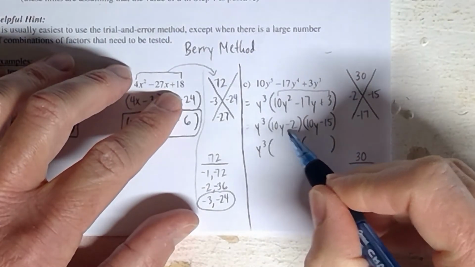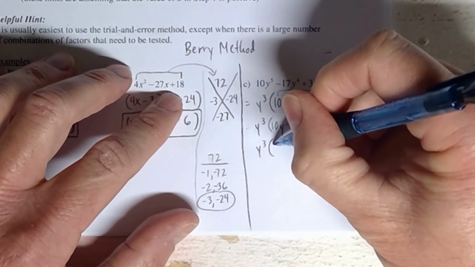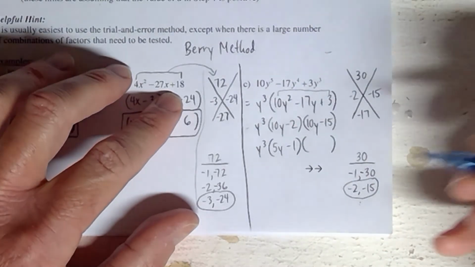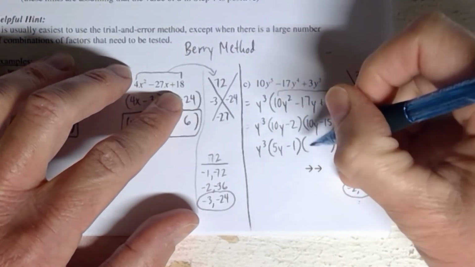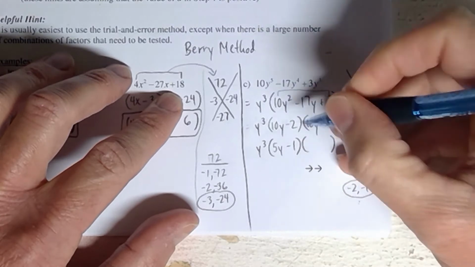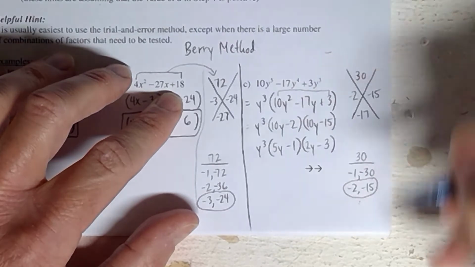The GCF of the first bracket is 2. If I factor that out, I get 5y minus 1. If I factor out the GCF out of the second one, and by the way, the GCF there is 5, I would get 2y minus 3.